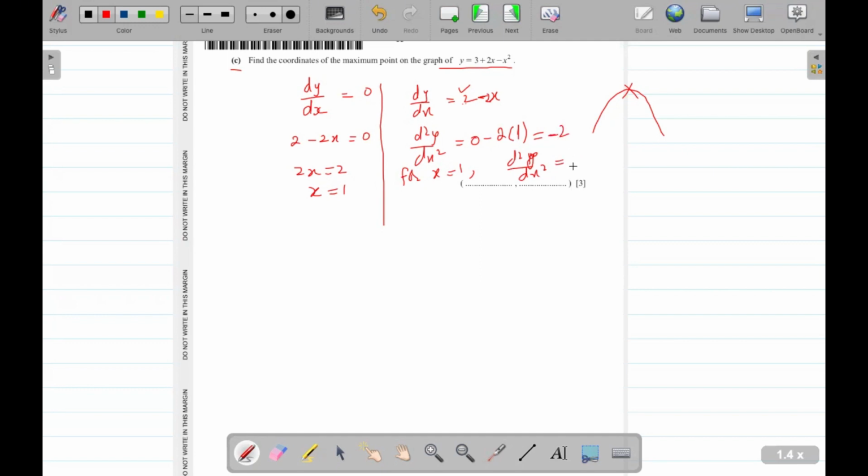Therefore, we write this value is less than 0. When the second derivative is less than 0, the turning point will be a maximum. Therefore, we write the turning point at x equals 1 is the maximum point. This is the answer.